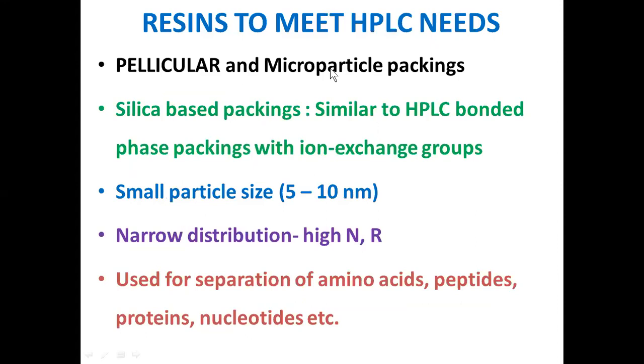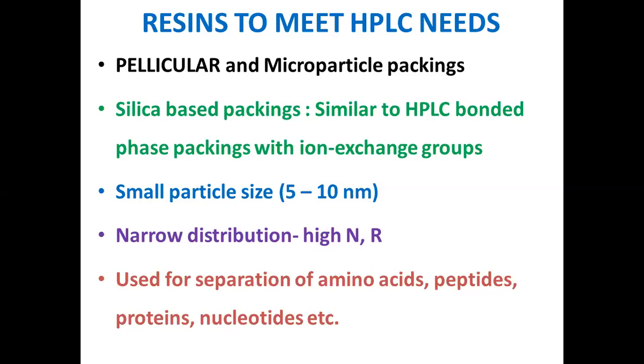The ion exchange chromatographic separations can also be done by applying very high pressure, utilizing the principle of HPLC. While performing the separation by this means, the resins also have to meet some requirements. What are those requirements?